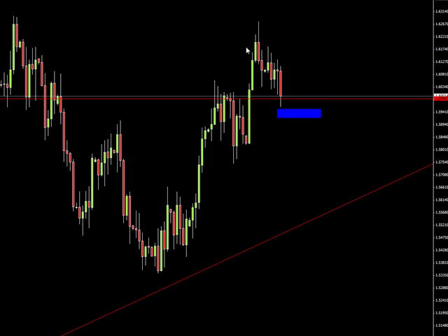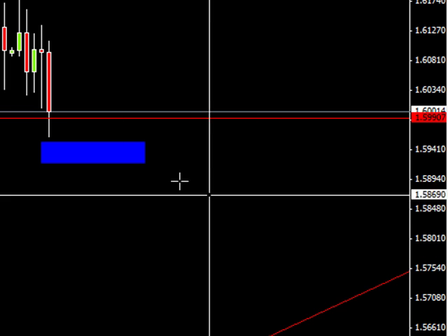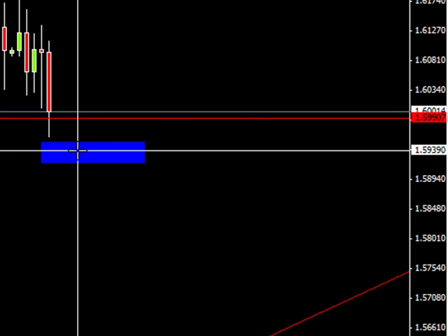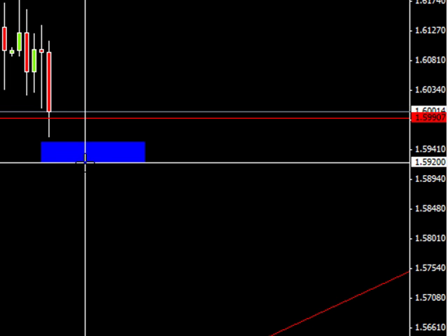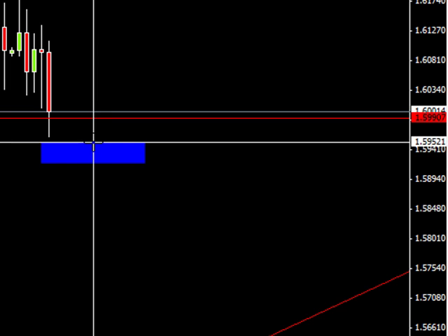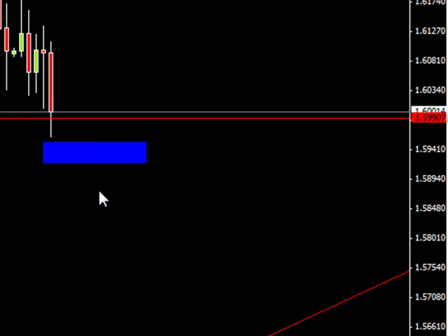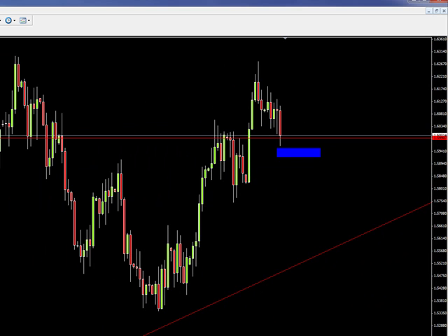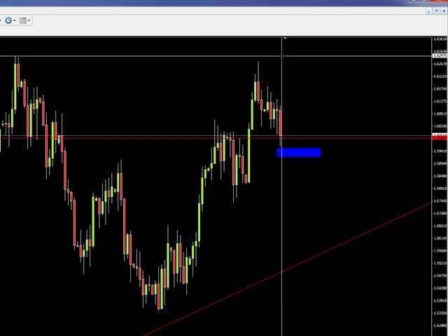But this pound dollar, there's the buy window, you can clearly see it there. So if I go to the crosshair and take the middle of that box, we're talking around 159.40. So the bottom of the box, 159.20 to 159.50s, is a possible buy opportunity on pound dollar, and you would expect the market to hopefully test the previous highs, so back up to 163s.